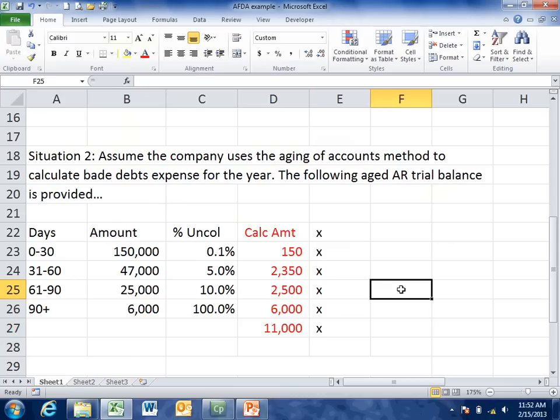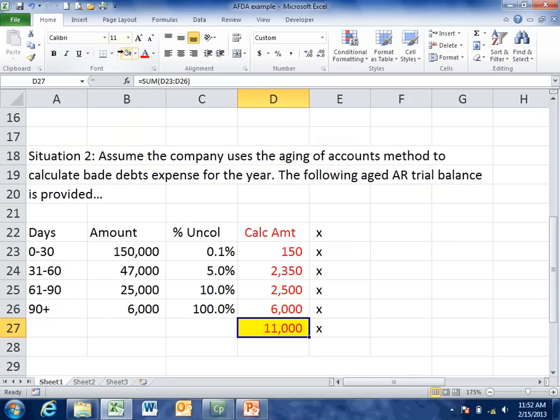Okay? What you're calculating here is the number that you want to see in your AFDA balance. So this $11,000 is what should be in my AFDA balance. And if you struggle with it, draw the T account out, right? So to get the adjusting entry under this method, we have to consider what's already in the account.